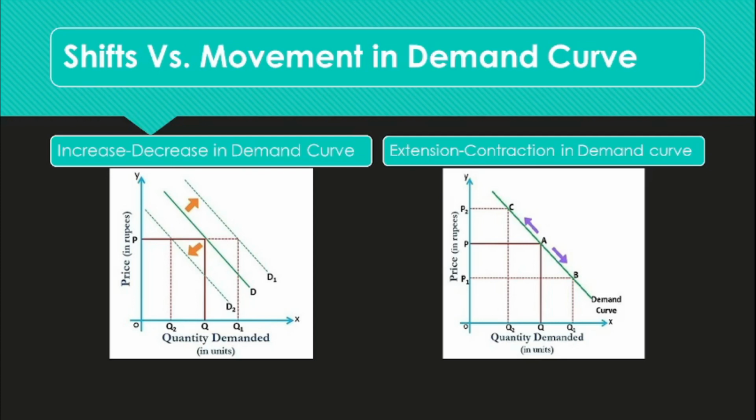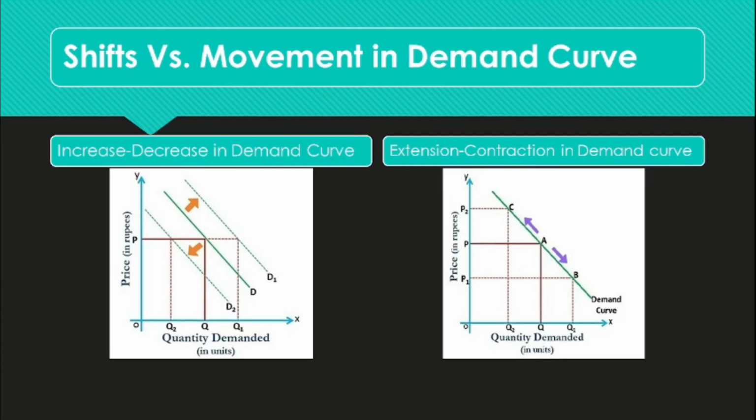Why is it shifting? Because you can see the prices are not changing in this case. In the panel, on the x-axis there is quantity, on the y-axis there is price, but there is no change in the price, only the quantity demanded is changing, and that is why the demand curve has shifted.